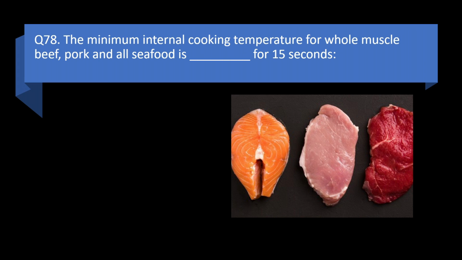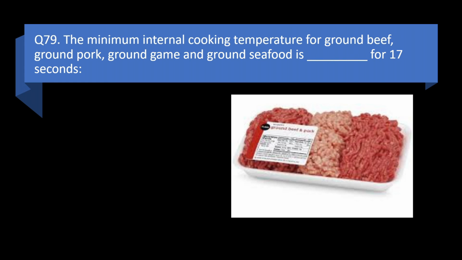Question 78. The minimum internal cooking temperature for whole muscle beef, pork, and all seafood is blank for 15 seconds. 135 degrees Fahrenheit, 145 degrees Fahrenheit, 155 degrees Fahrenheit, or 165 degrees Fahrenheit. B. 145 degrees Fahrenheit. Question 79.